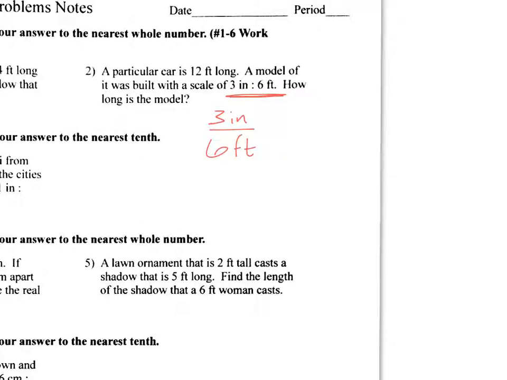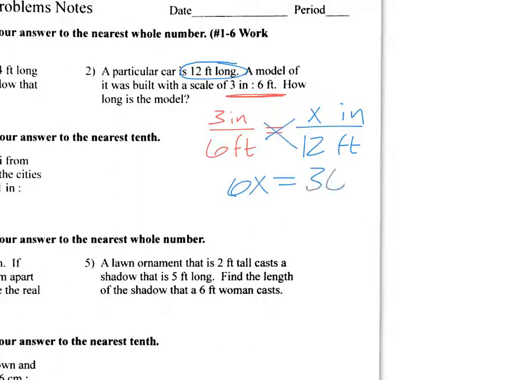The reason is when I set up my proportion, my units need to be the same. This says 12 feet, and I know that has to go on the bottom. Why? Because feet is on the bottom here, feet have to go on the bottom there. I'm looking to see how long my model is, so x, and it'll be in inches. Cross multiply, 6x equals 12 times 3 is 36, divide by 6, and we get x is 6. And again, remember our units here are inches.